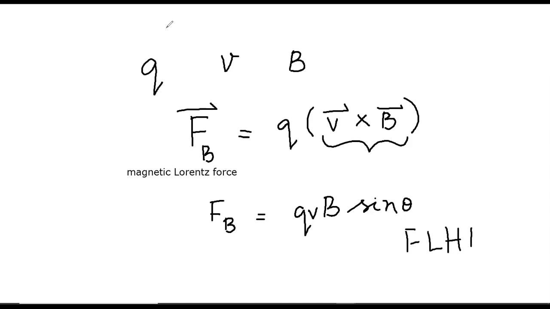Now, what is Fleming's left-hand rule? You know it. If the first three fingers of your left hand are mutually perpendicular to each other, in such a way, say for example, this is my forefinger, this is my center finger, and this is my thumb.